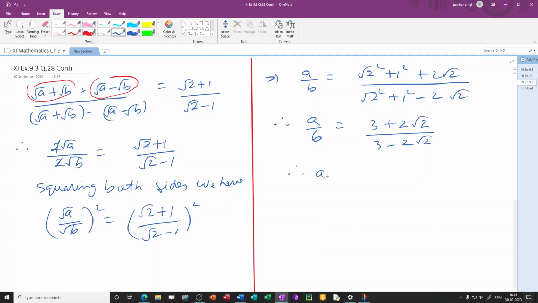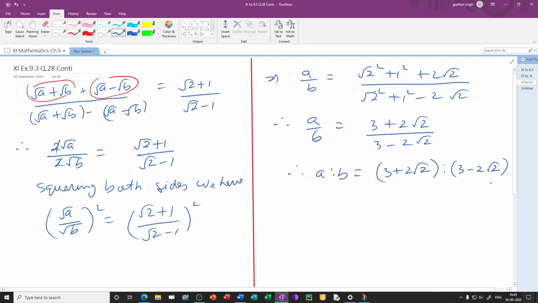Therefore we can say that a ratio b is equal to 3 plus 2 root 2 ratio 3 minus 2 root 2, and this 3 plus 2 root 2 we should keep in bracket, because otherwise it will have a different meaning. The 3 minus 2 root 2 also we will keep in bracket, because the whole 3 plus 2 root 2 is in the numerator and 3 minus 2 root 2 is in the denominator.